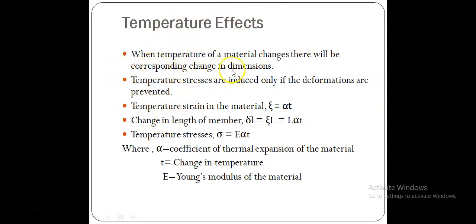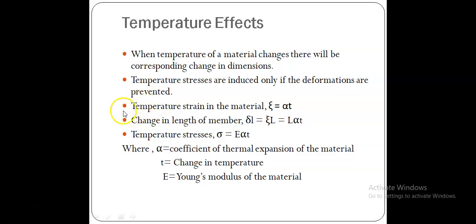So when the temperature of a material changes, there will be a corresponding change in dimension. Yes, it may expand or it may shorten. If there is a difference in temperature, these things happen. So temperature stresses are induced only if the deformations are prevented.